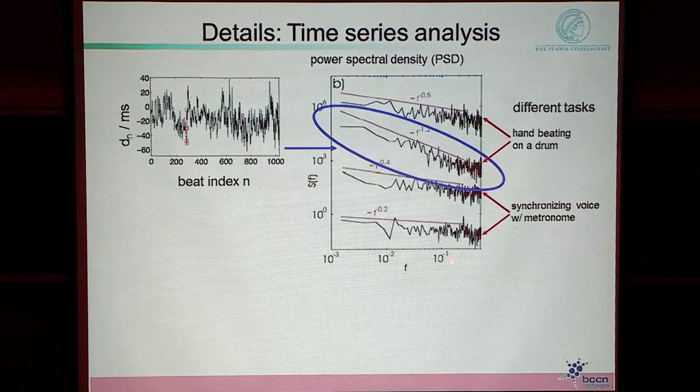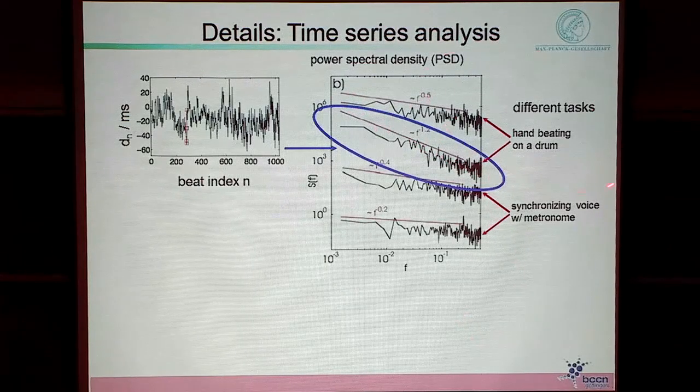So frequency is 10 to the minus 1, 10 to the minus 2, 10 to the minus 3, so 1/10, 1/100, 1/1,000. So on a logarithmic plot, you see here this follows some straight lines.